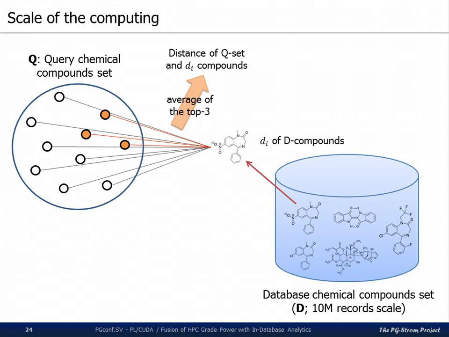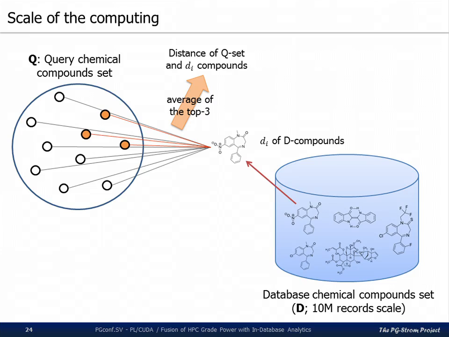So the entire amount of calculation is not lightweight, because if we have 10 query chemical compounds, we have to calculate 10 distances to a particular chemical compound from the database.